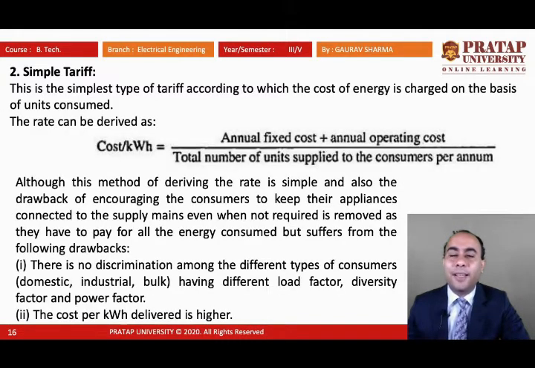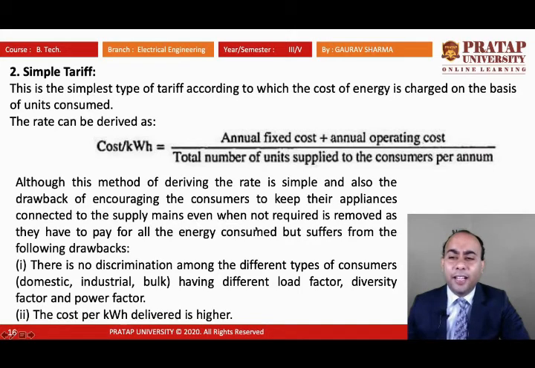Now next is the simple tariff. This is the simplest type of tariff, according to which the cost of energy is charged on the basis of units consumed. The rate can be derived as the annual fixed cost plus operating cost, divided by the total number of units supplied to the consumer per annum.